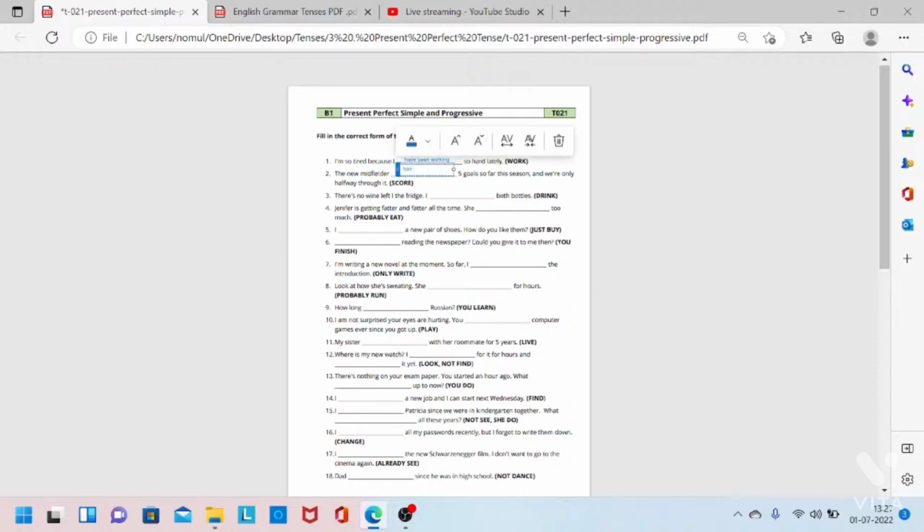Has scored. The sentence means that it has already happened. The new midfielder has scored 5 goals so far this season, and we are only halfway through it. So this is the right pattern, I hope. If I am wrong, please mention it in the comment box.